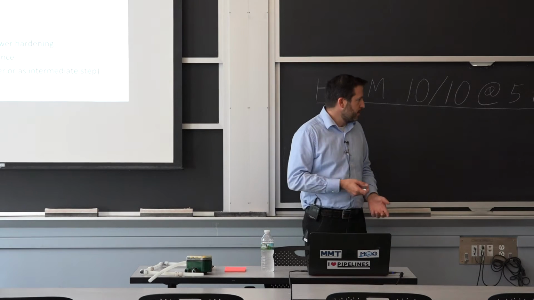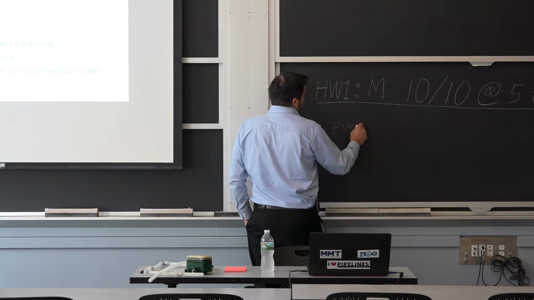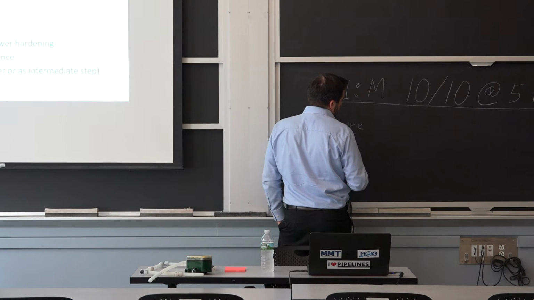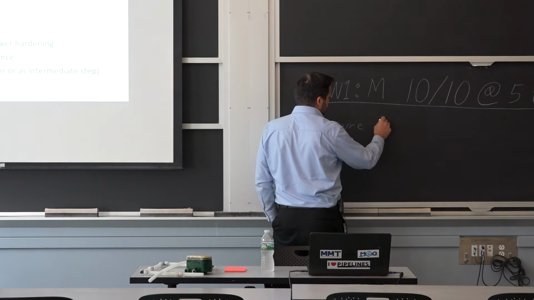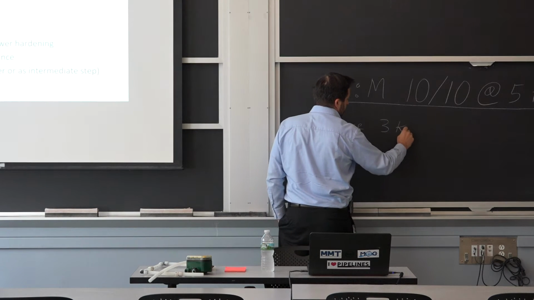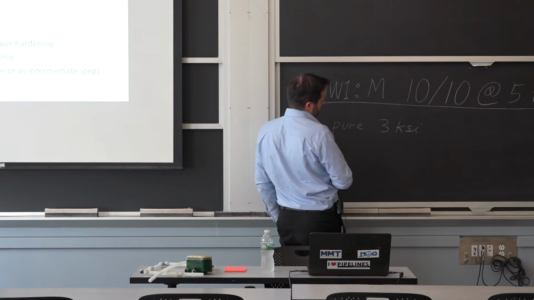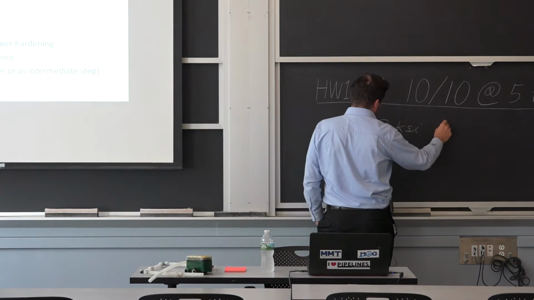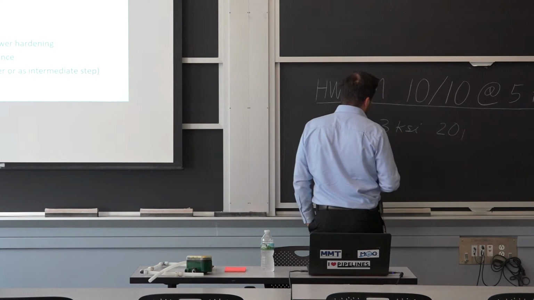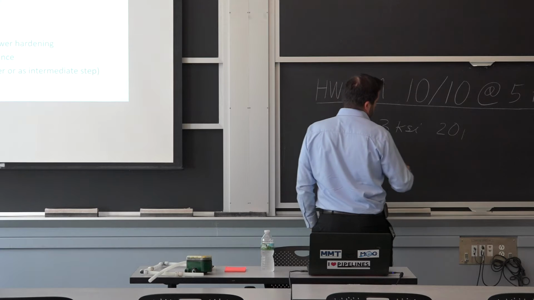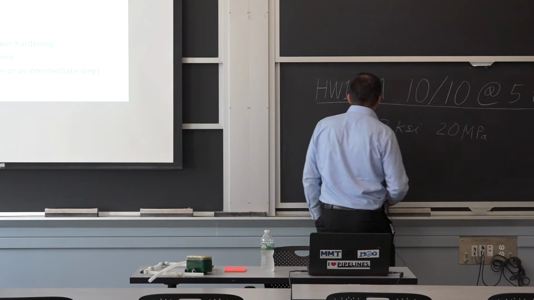So if we talk about almost pure aluminum, it will give you a yield strength that can be very, very low. So we talk about, say, 3 ksi, or that would be just 20 megapascal, something like that. Or less than that, not sure. I think that's the number for yield.